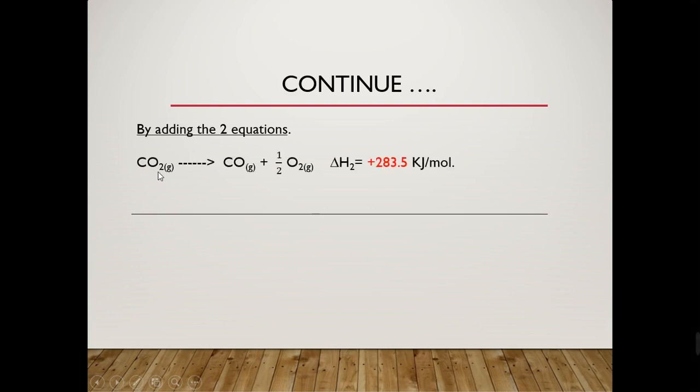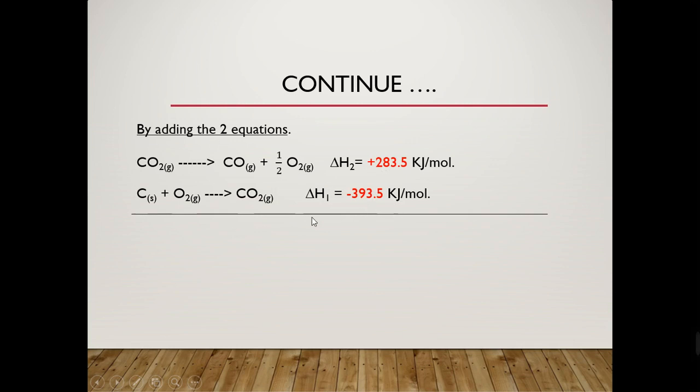equation number 1, CO2 giving carbon monoxide plus half mole of oxygen gas, and the delta H of this reaction equals positive 283.5. The second equation, carbon plus oxygen, carbon dioxide produced, and this is the delta H of this reaction.